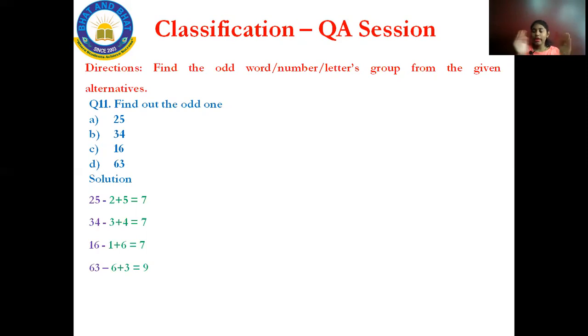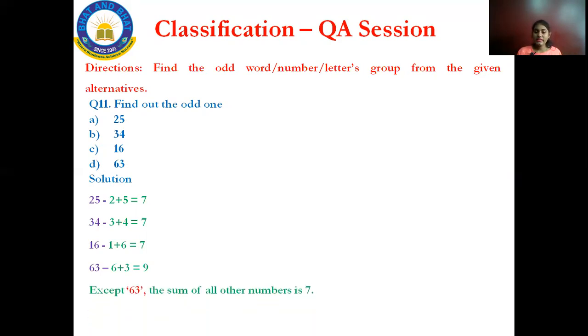After splitting, you will get two numbers, 2 and 5. Then add those numbers. 2 plus 5 is equal to 7. And then 34, split it: 3 plus 4 is equal to 7. 16: 1 plus 6 is equal to 7. 63: 6 plus 3 is equal to 9.